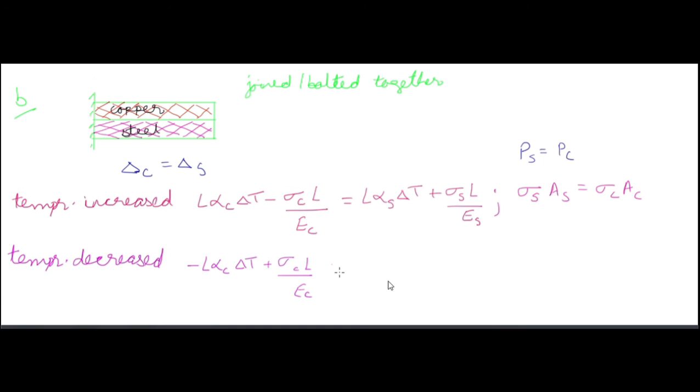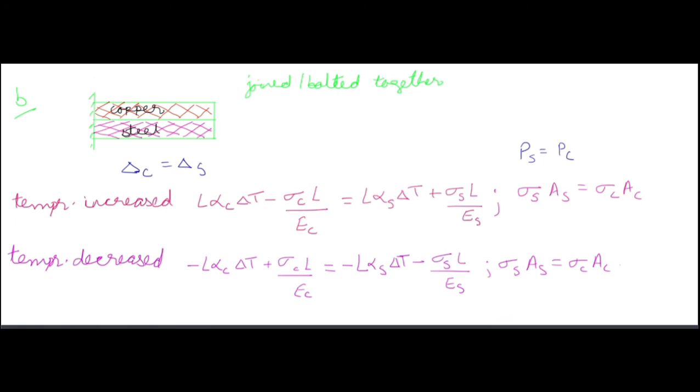Now when temperature is decreased, minus L alpha C delta T plus sigma C L by EC is equal to minus L alpha S delta T minus sigma S L by ES. When temperature is decreased, copper is trying to contract because it has a higher coefficient of expansion.